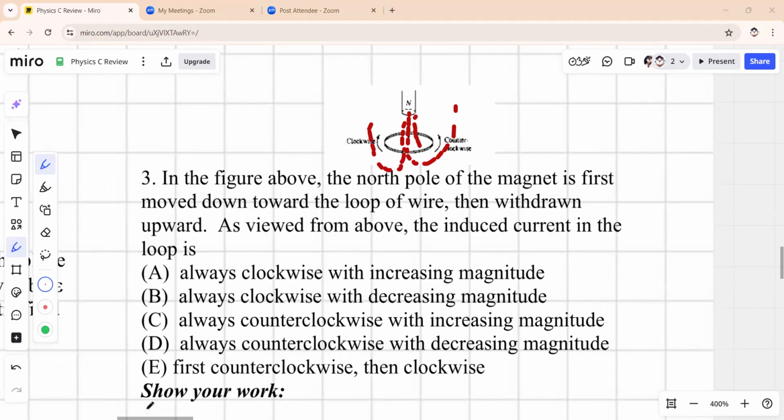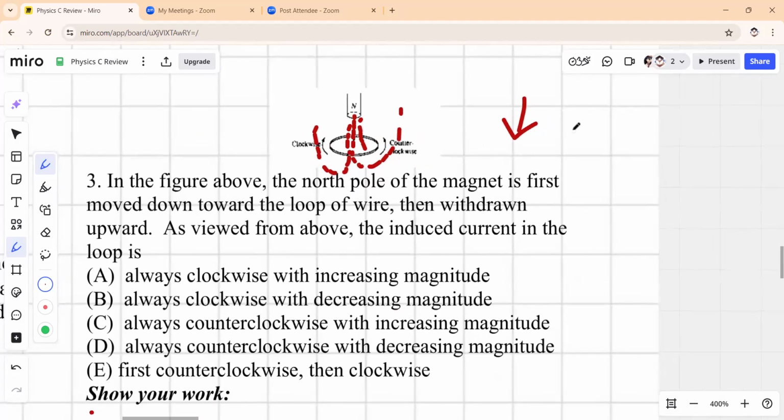So, Alan, is the amount of magnetic flux through the loop increasing or decreasing initially? Increasing initially, and then when it's being pulled out, it is decreasing.